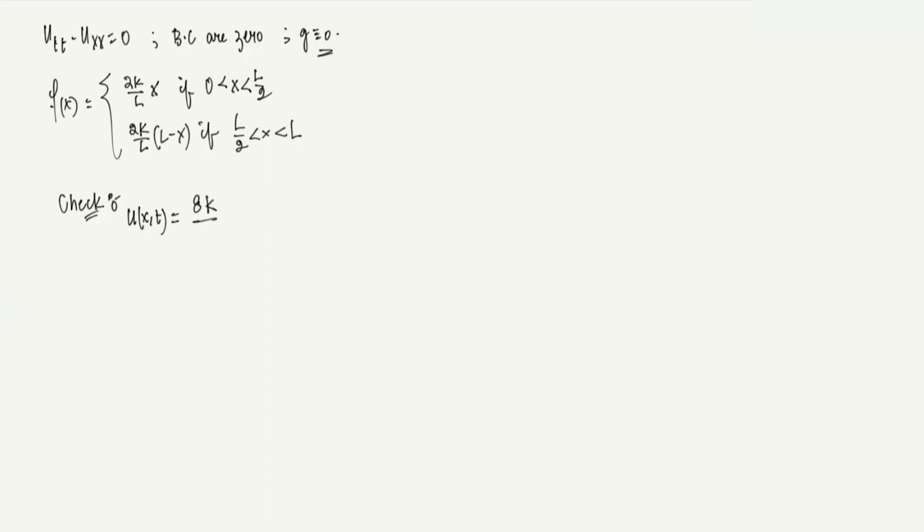It is 8k by pi squared in this case, and then 1 by 1 squared sine of pi by L times x cosine of pi c by L times t, minus 1 by 3 squared sine of 3 pi by L times x, and then cosine of 3 pi c by L times t, and then it will go on like this.